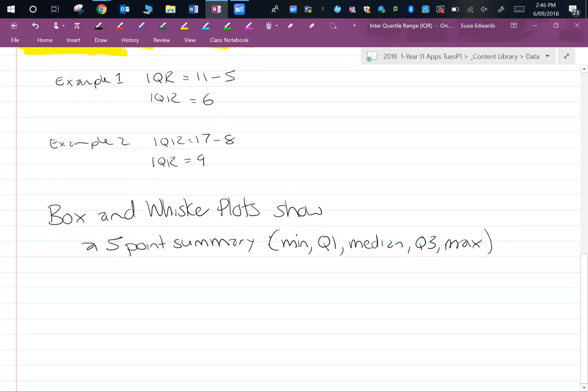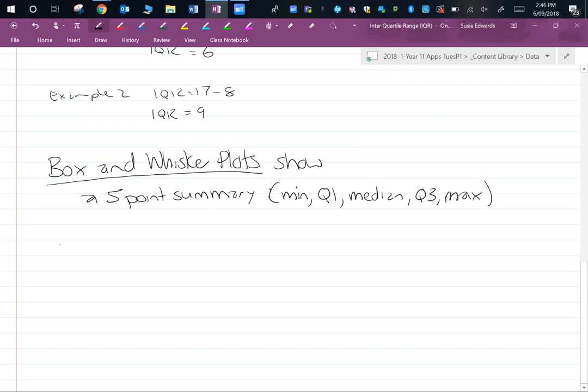But for a box and whisker plot, we need to remember that it needs to be on a scale.